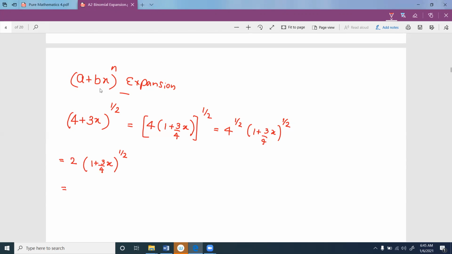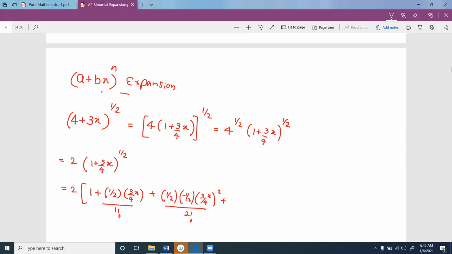So it turns into 2 times 1 plus n times 3 over 4 x divided by factorial 1, plus the next one is n into n minus 1, times 3 over 4 x to the power 2 divided by factorial 2. We'll write another term as well.